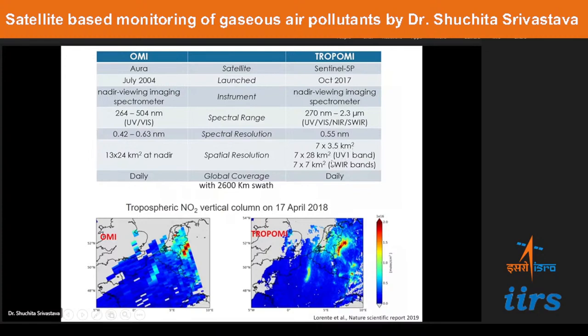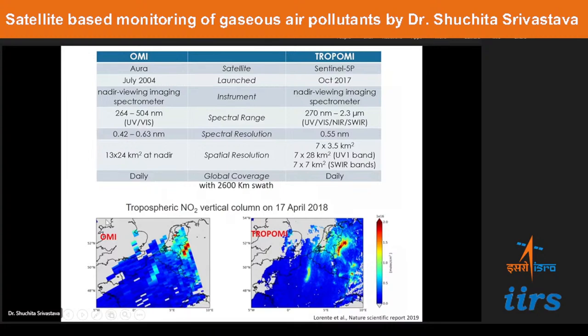In some bands the resolution is slightly poorer, but even 7 by 7 kilometer information is more than sufficient to see the pollutant gases in the atmosphere from space. Both instruments provide global coverage daily with a swath of 2,600 kilometer.